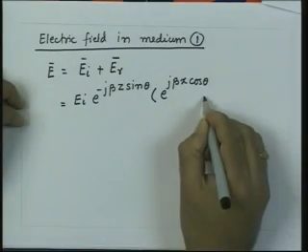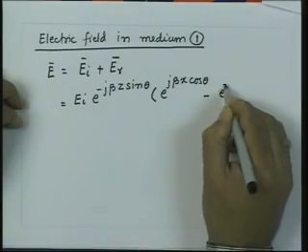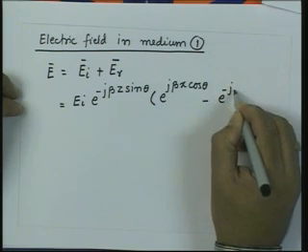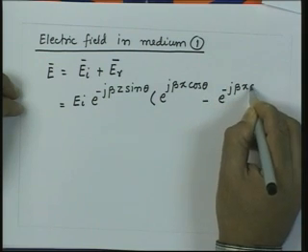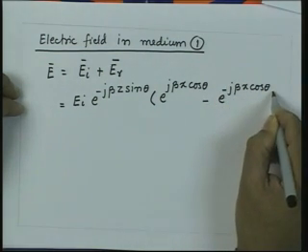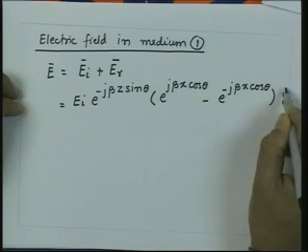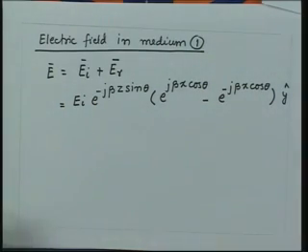So, this will give me minus e to the power minus j beta x cos theta, and the orientation of this is the y orientation.